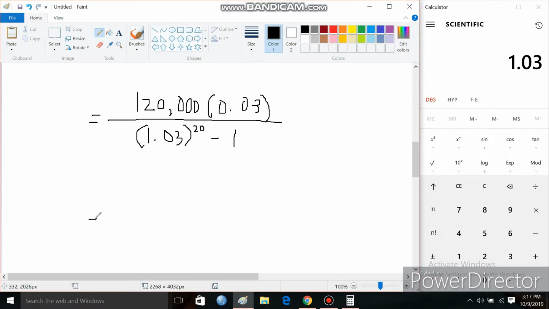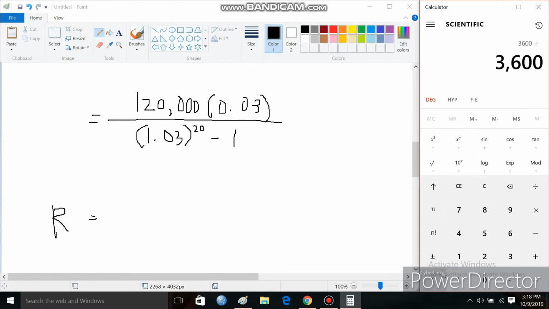After this, we can simply input all of these numbers with the respective operations to get the regular payment R. So to start, let's type in 120,000, then multiplied by 0.03, then press equals. The next is divided by. Press divide since these numbers are the denominator.